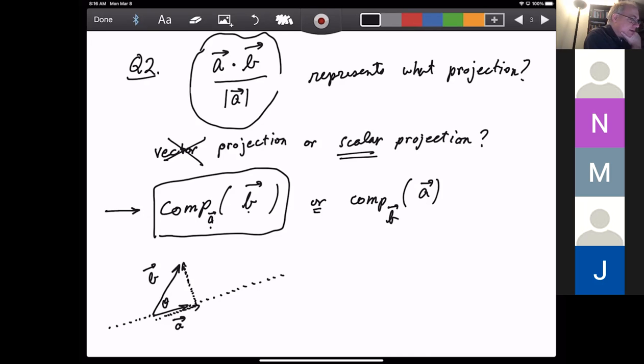Notice that when we break the vector B up into these two components, we can use those two components along with the original vector B to build a triangle. That's going to be a right triangle. And one of the other angles there is the angle between the vectors A and B. Well, what do we know about that angle? We know it's related to the dot product.